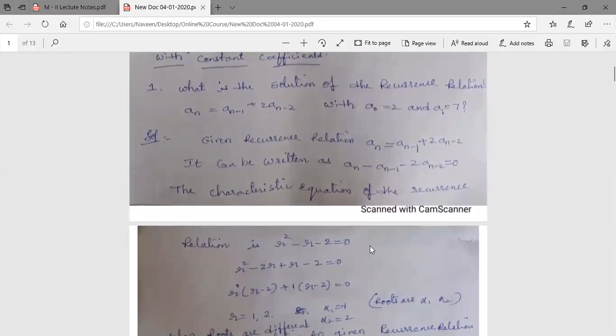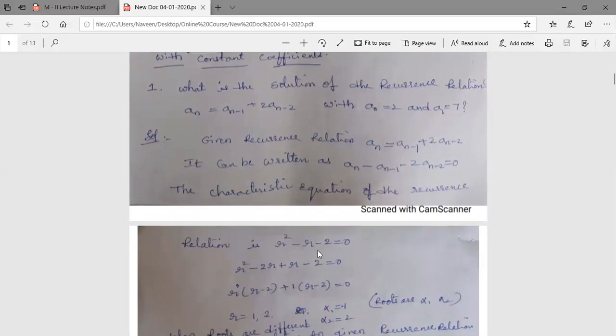It is a linear homogeneous recurrence relation of degree 2, so you get a degree 2 equation: r^2 - r - 2 = 0. This is the characteristic equation.